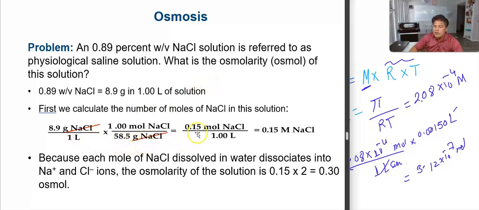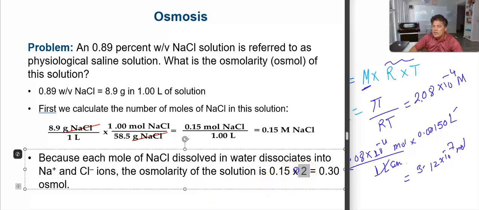We have divided mole by liter, that's the molarity, so mole per liter, right? Because each mole of sodium chloride dissolved in the water dissociates into the sodium and the chloride ion, the osmolarity of the solution is 0.15 times 2, because this is your molarity times how many particles? 2, that is 0.3. Done?